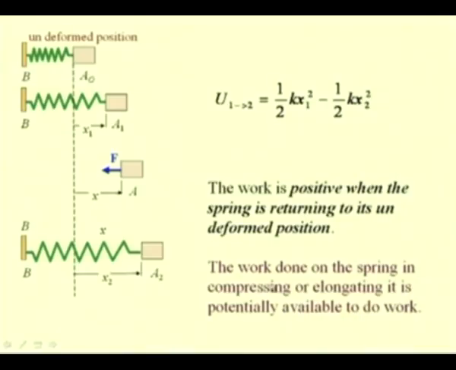So again we say that the spring in compression or elongation, whatever work is done is potentially available to do work. So we have seen that for these two kinds of forces, the elastic force and the gravitational force, there is an associated energy that is potentially available to do work for any given position.